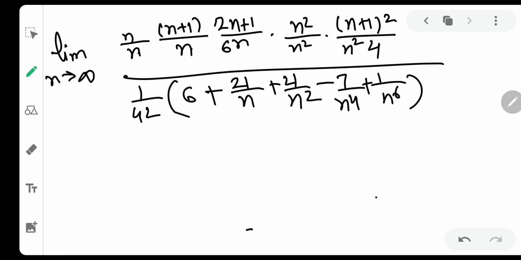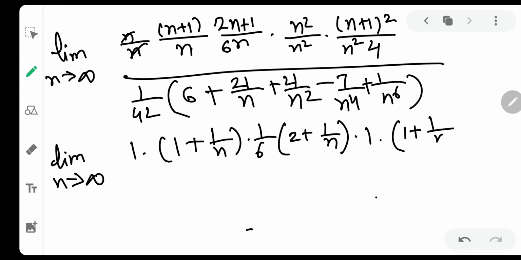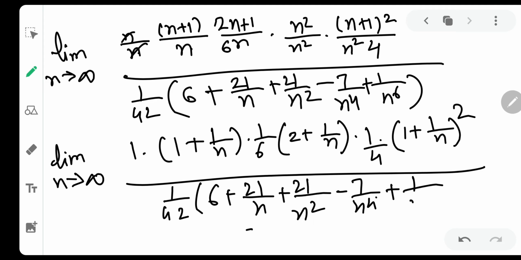Okay, now as you can see, this and this got cancelled, and let me write it down for you. Over here 1 plus 1 by n, over here 1 by 6, and then 2 plus 1 by n, and this will be 1 plus 1 by n the whole square, and there is a 4 downside, and there is 1 by 42 times (6 plus 21 by n plus 21 by n square minus 7 by n raised to 4 plus 1 by n raised to 6).